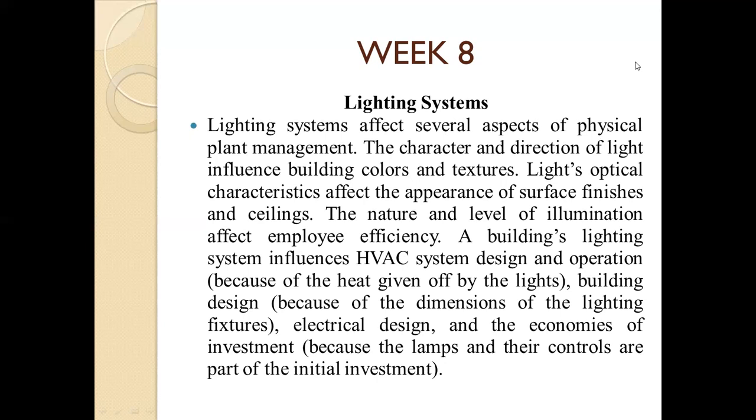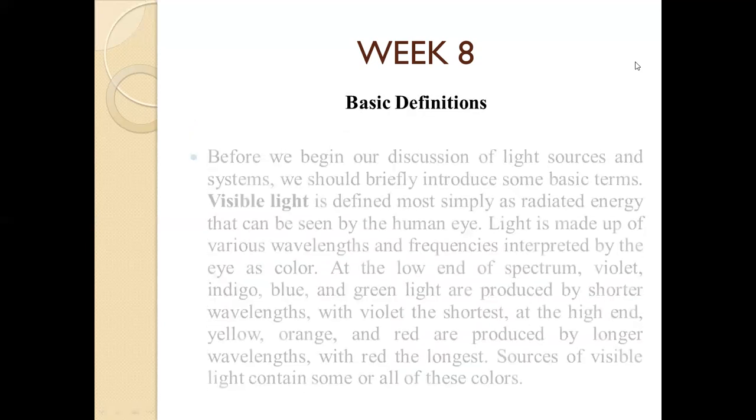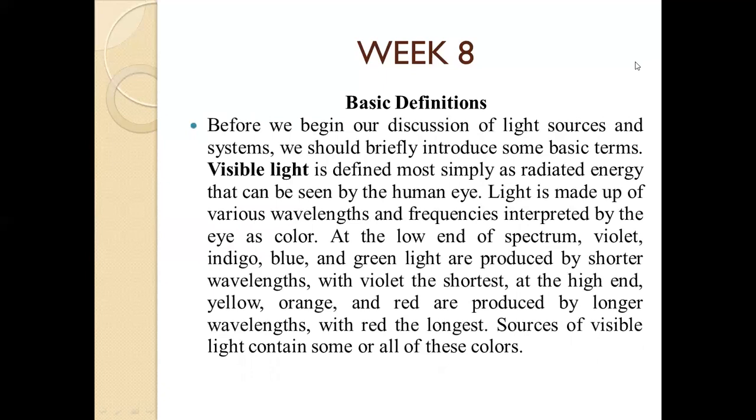So before we begin our discussion of light sources and systems, we should briefly introduce some basic terms. Visible light is defined most simply as radiated energy that can be seen by the human eye as color.